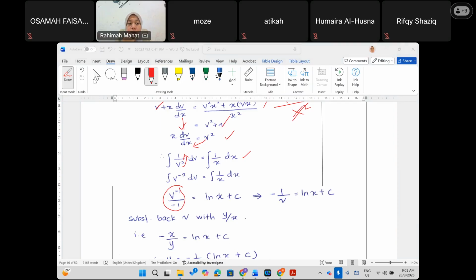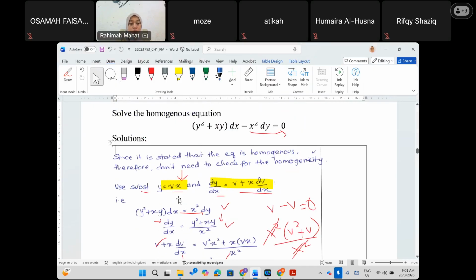Then you substitute back your v with y over x. Where do you get v equal to y over x? From the notes here, y is equal to vx. You already know that.